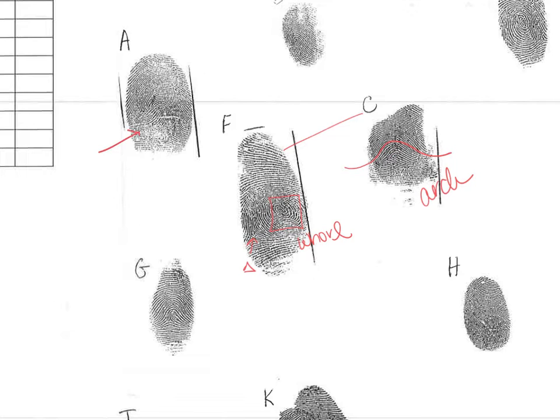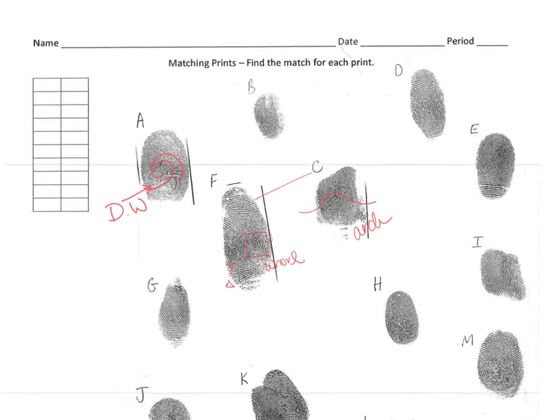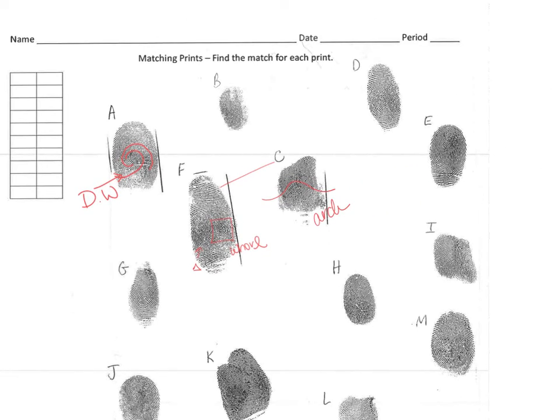Now, hey, here's another whorl, but look, I have a spin up top and also a spin down below. This one is actually a double whorl. And A does not match with F either. So what you're going to do is go through, kind of like they did in the olden days, using their magnifying glasses, looking at fingerprints from a crime scene and fingerprints of known suspects or known possible criminals, and say, well, which ones match?